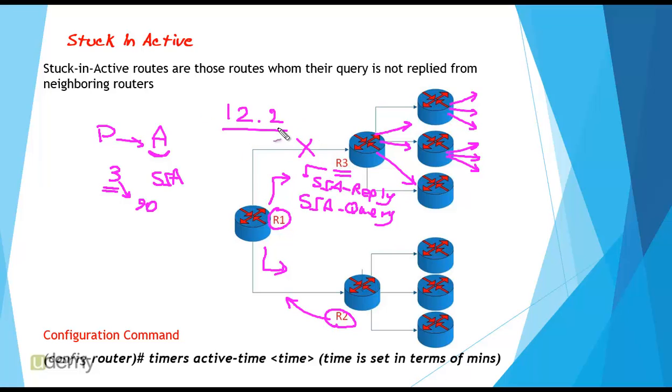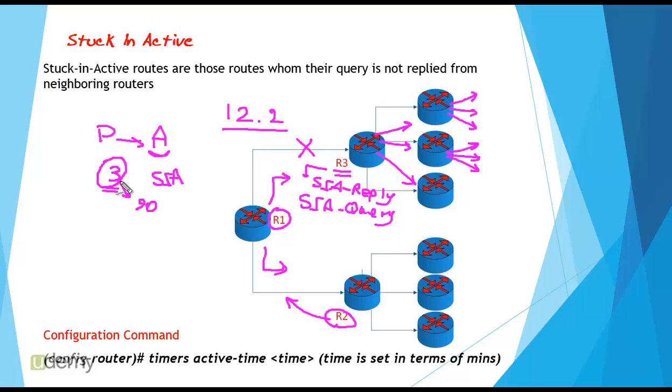But in routers that have IOS 12.2 and after, the router first sends an SIA query at half of the stuck in active timer, and the neighboring router will reply to the query. If it replies, the router waits, and if it is not answered with an SIA reply after the timer finishes, then the router breaks down the neighborship with the specified router.